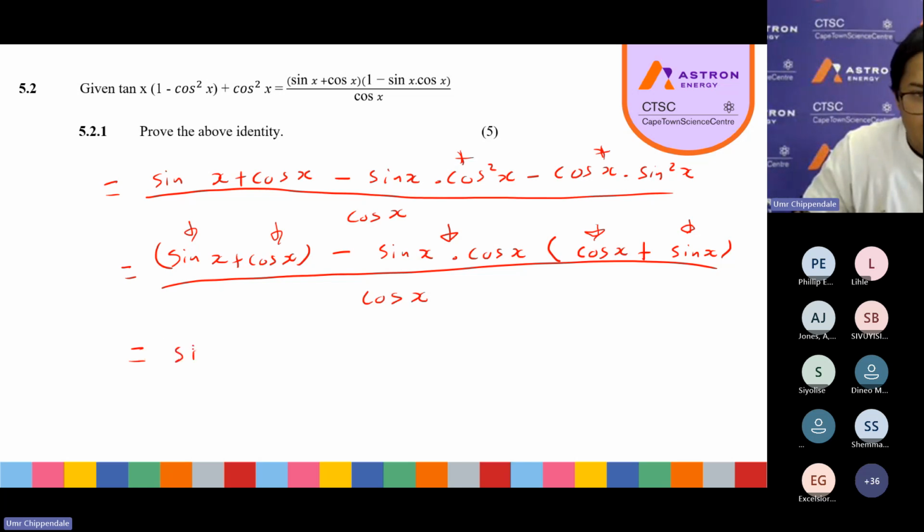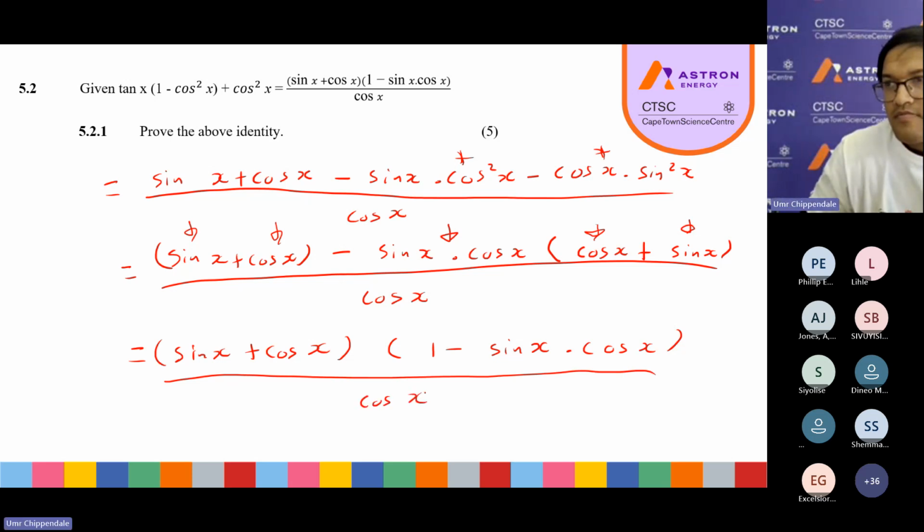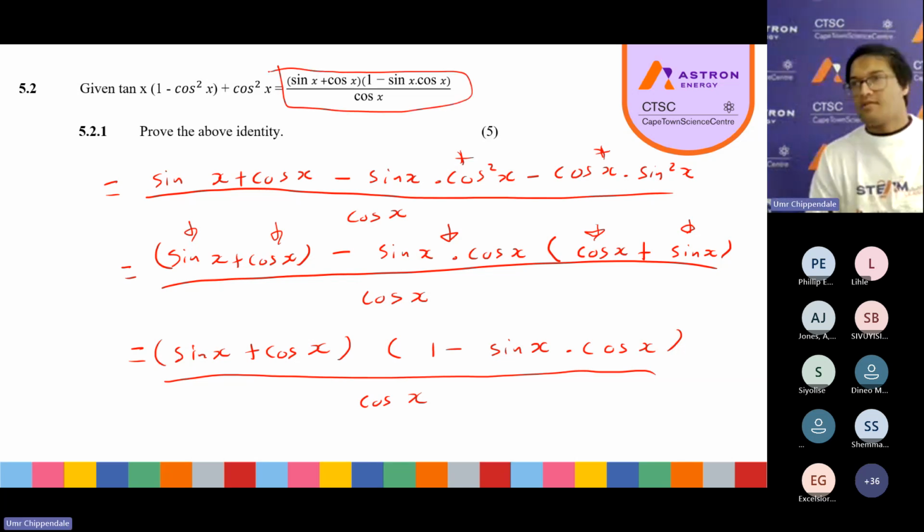We now have sine x plus cos of x, and that's going to be our 1 minus sine x times cos x, all over cos of x. And now if you look over here, what do we have? Well, we have our identity, so that's 1 minus, there we go, and that is our part over there, just like that.